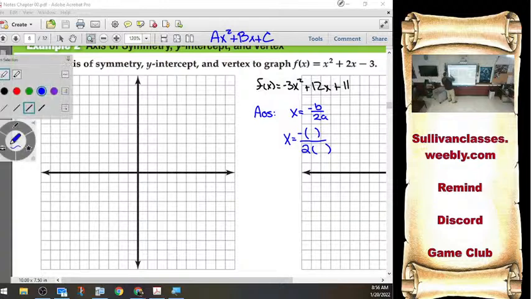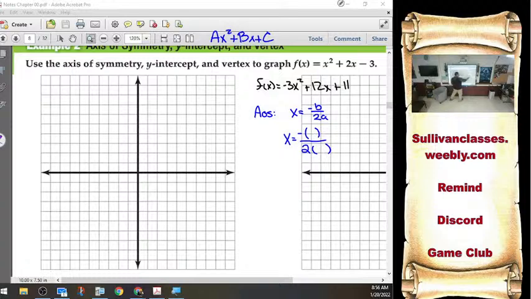So my b is 12. My a is negative 3. Negative 12 over negative 6 is positive 2. Awesome. I now know that at x equals 2, I have an axis of symmetry.